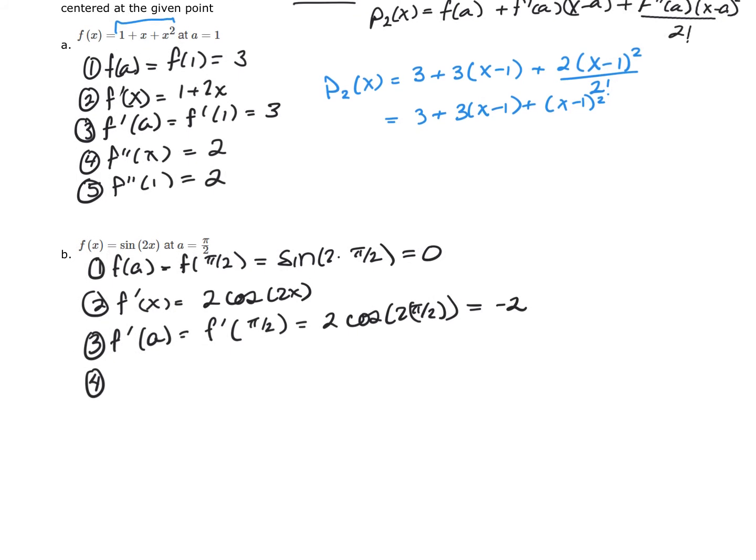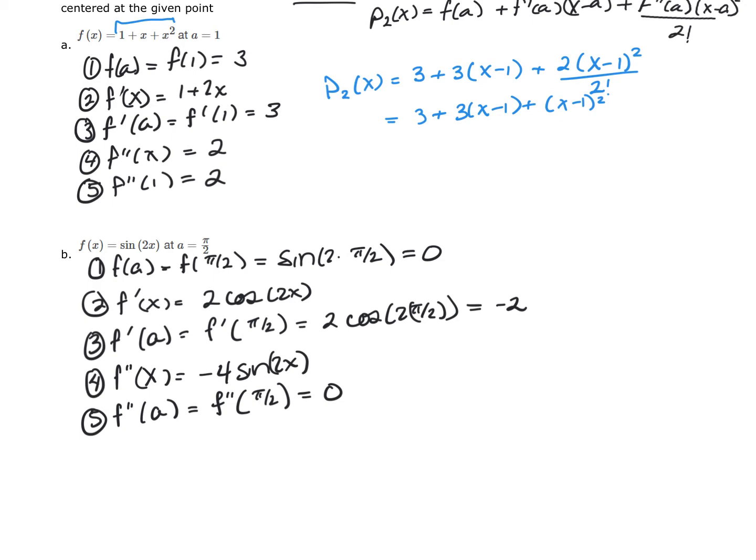I'm going to need my second derivative, which is going to give me negative 4 sine of 2x. And I also know that when I do any sine of 2 times pi over 2 it will give me 0. So f double prime of a is f double prime of pi over 2, which is just going to give me 0.